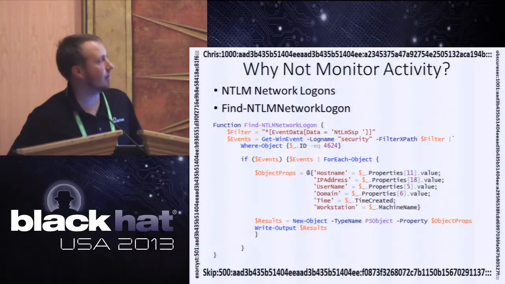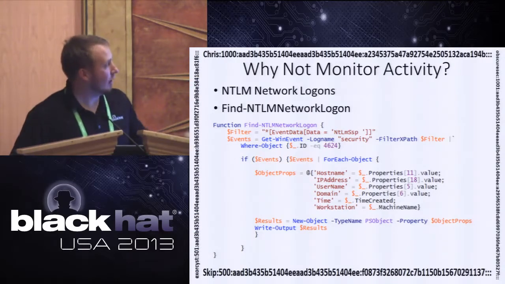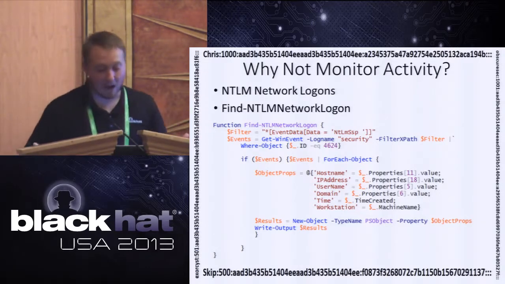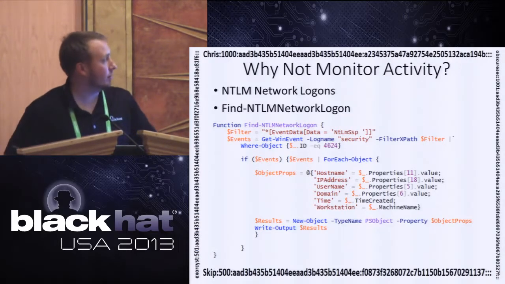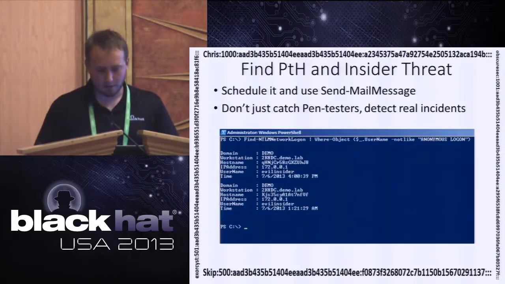So I settled on the XPath filter there. And that actually, in multiple gig event logs, returns near instantly, which is great. It's a lot faster than a lot of people recommend for looping through each event looking for this stuff, which takes hours, especially if you're trying to push this out over the network. So I think that's pretty useful, and I've been pushing that out to my clients, and they've been happy.